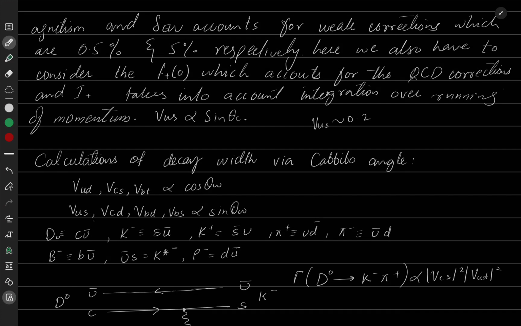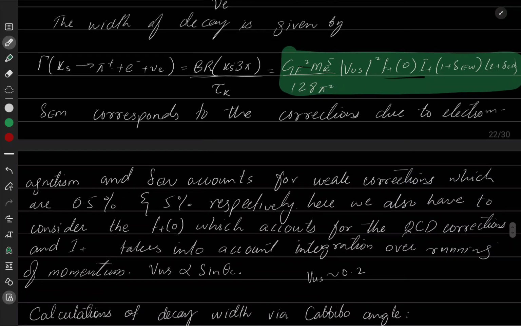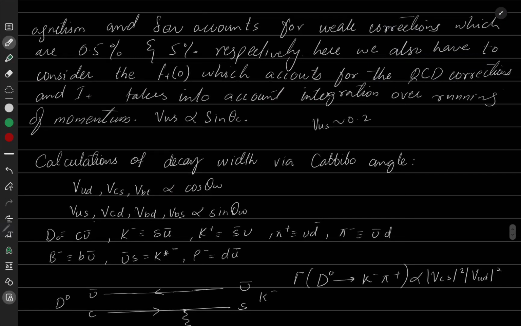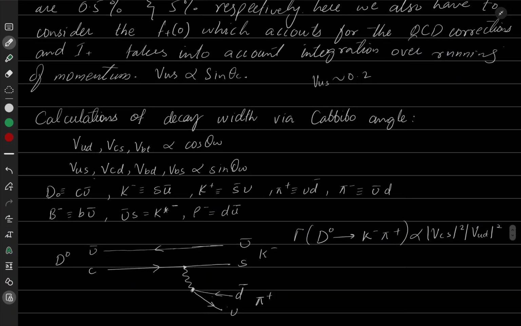Okay, so we don't have to look into all these difficult processes. There is a simple procedure, rough calculations by which we can calculate the couplings, and these couplings are proportional.